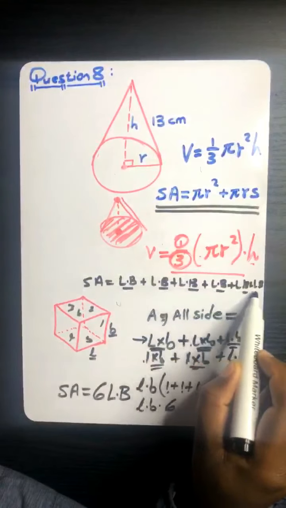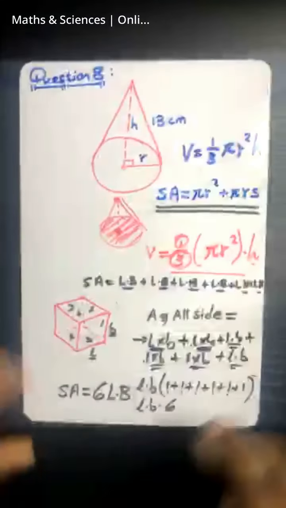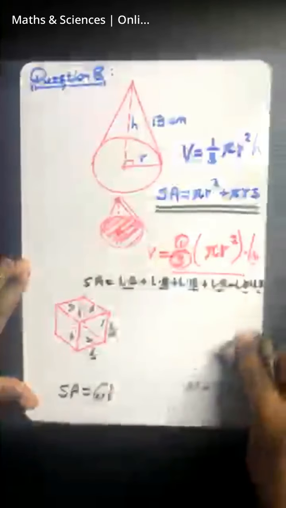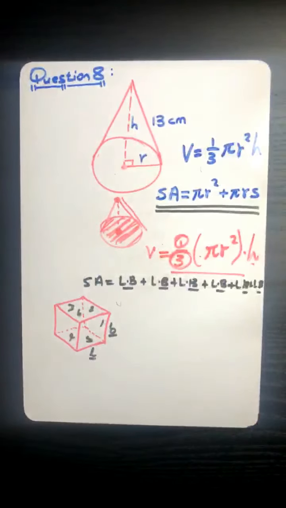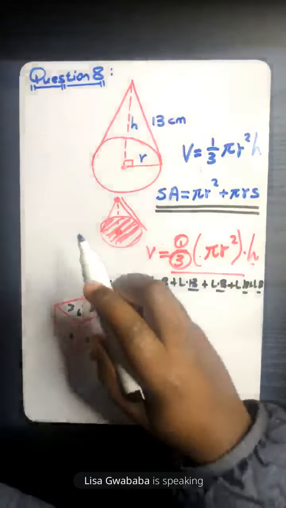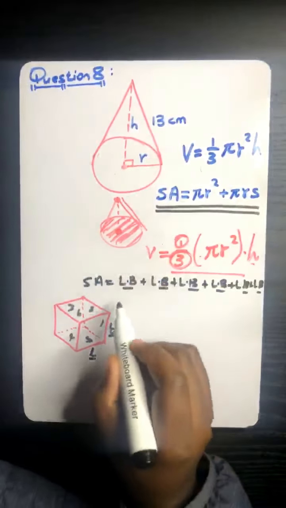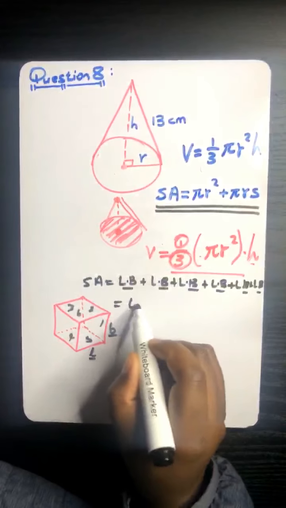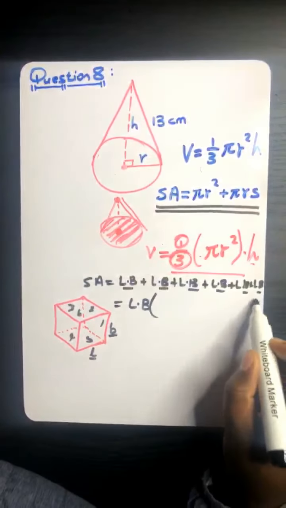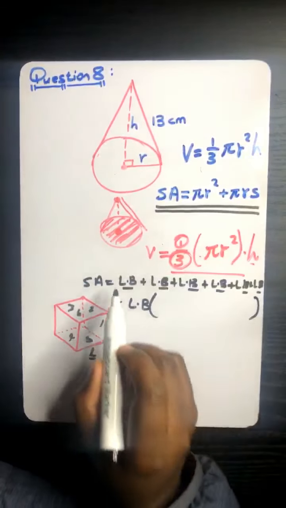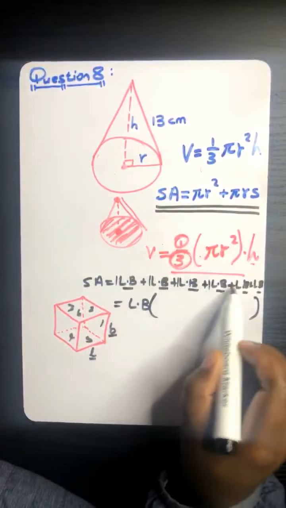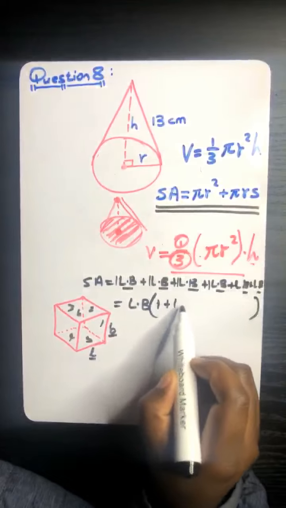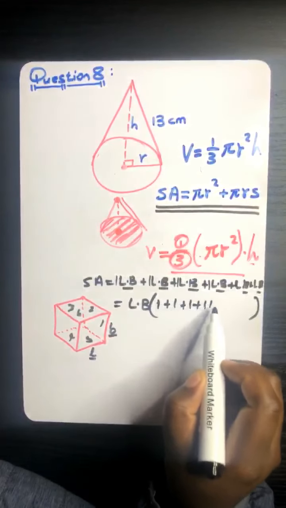In each of these terms, we have a common factor, and the common factor is LB. Do you agree there, Lisa? Yes, sir. Okay, let's take out the common factor, L times B. So what are we remaining with inside? We have an invisible 1 there: 1, 1, 1. So it's 1 plus 1 plus 1.